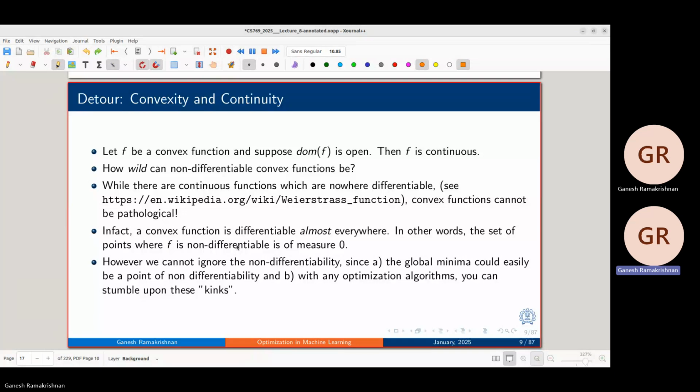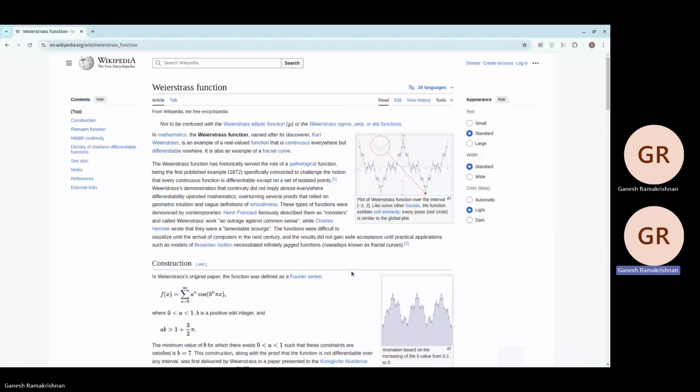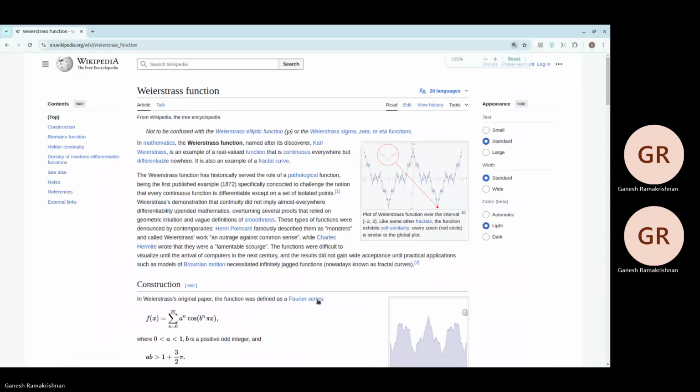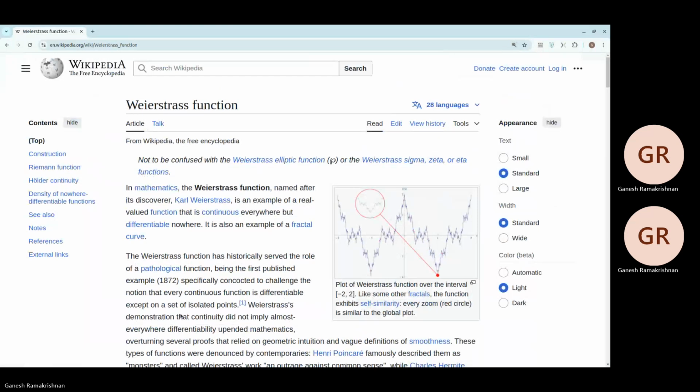For example, there is this very interesting class of functions called the Weierstrass function, which are very crazy. I'll actually show that. There's a Wikipedia page for that. Okay, this is a Weierstrass function. So this is a real function.